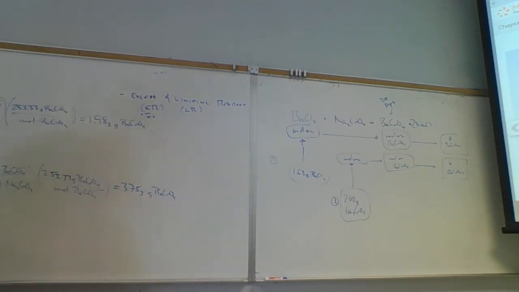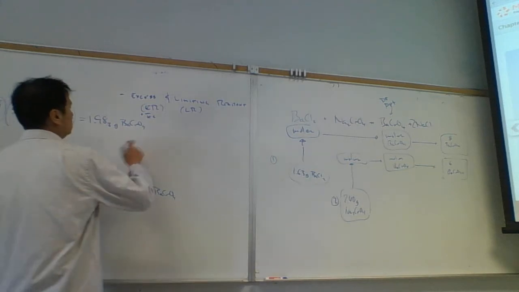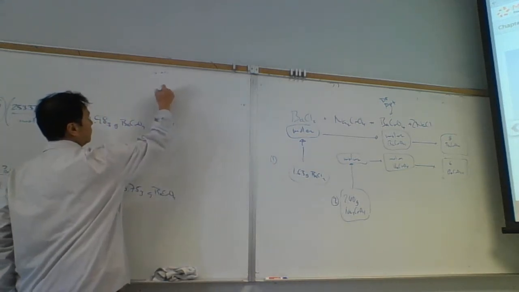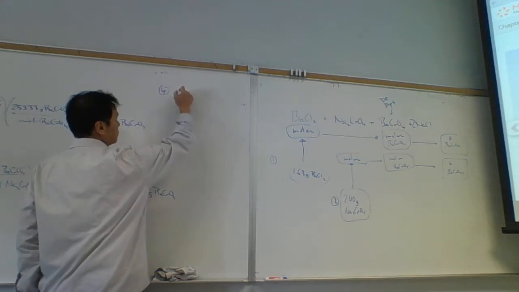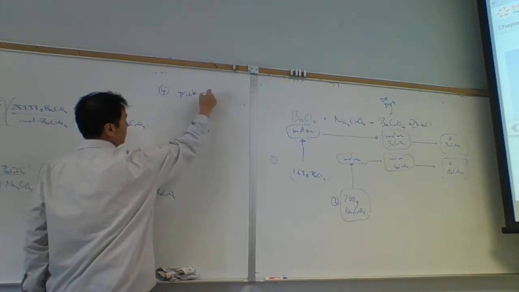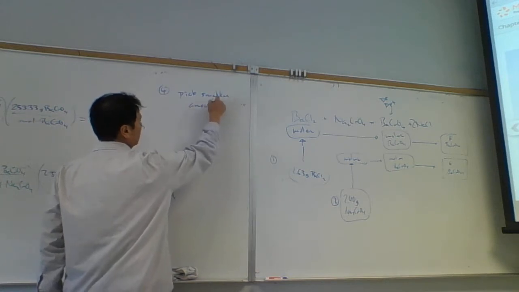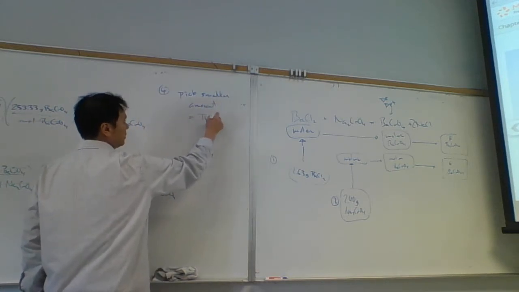And so the next part of this is we're going to label this. This will be part 4. Okay, what we're going to do is we're going to pick the smaller amount. The smaller amount is called the theoretical yield.